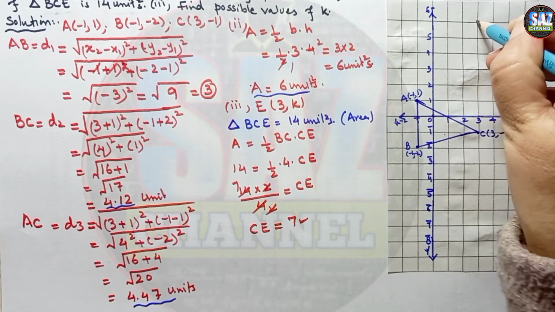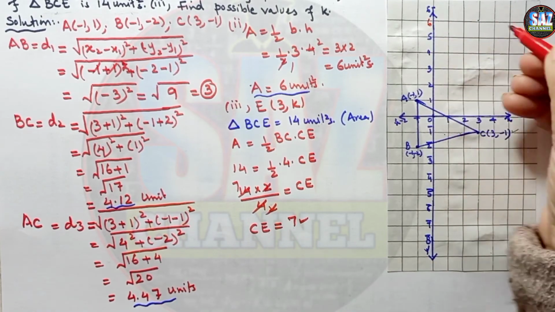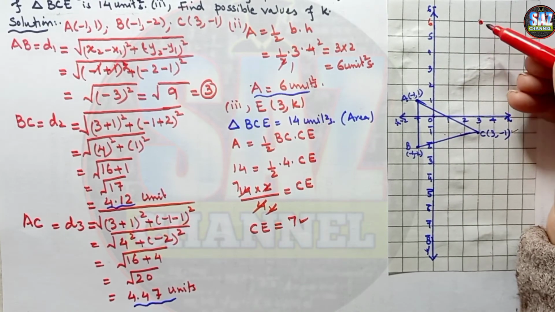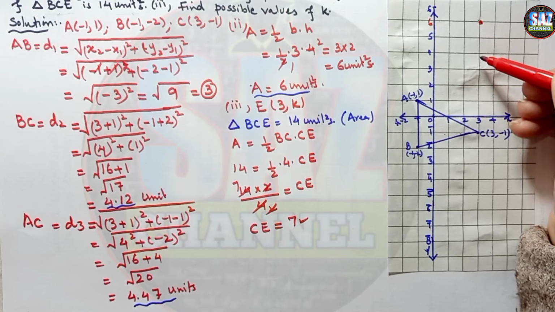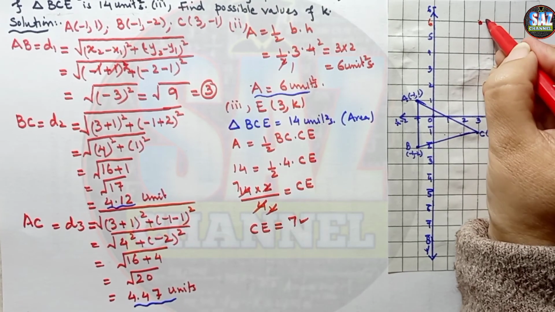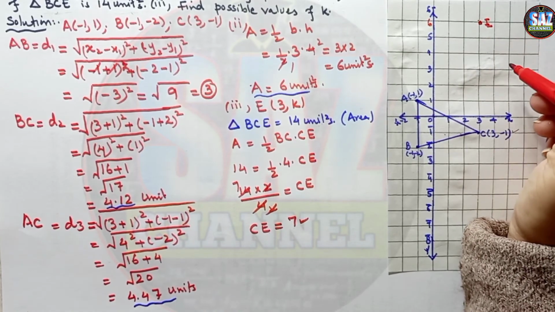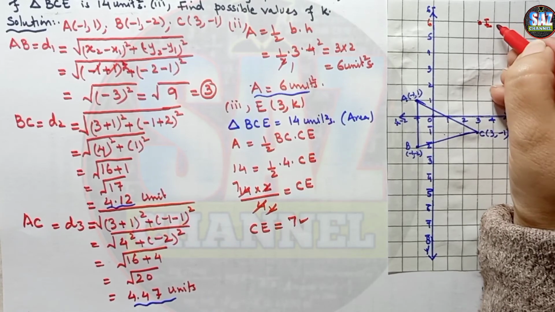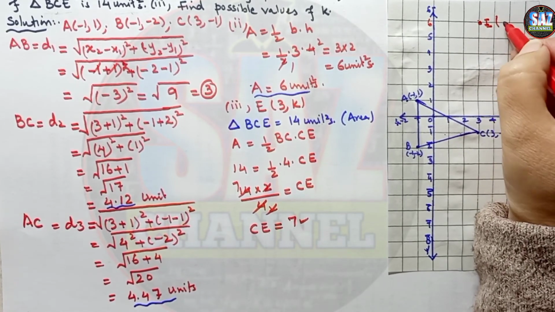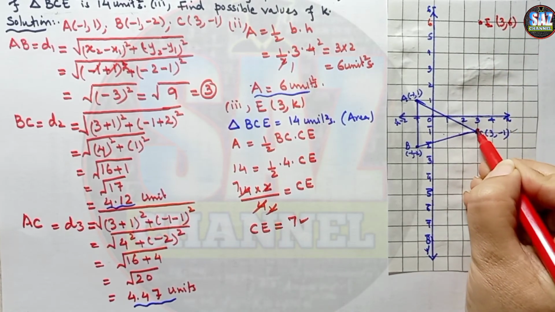If I stop at this place, which is 6, and count the distance of this point from C, 1, 2, 3, 4, 5, 6 and 7. So one of the possibilities of E is 3 with 6. X value is 3 and Y value is 6. Okay, B, C and E.